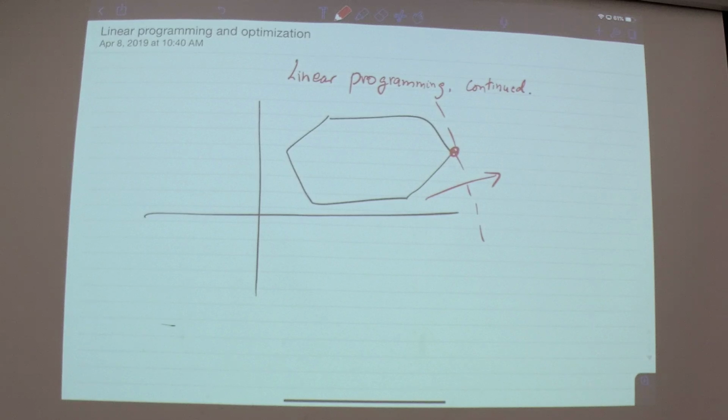And so the first exercise we're going to do is to figure out how to write a flow problem, which is an optimization, maximize the flow, in the language of linear programming. As always, we have variables, we have an objective, and we have constraints. So if we want to express a max flow problem in a directed graph, an s-t max flow, in the language of linear programming, what are the variables we need?